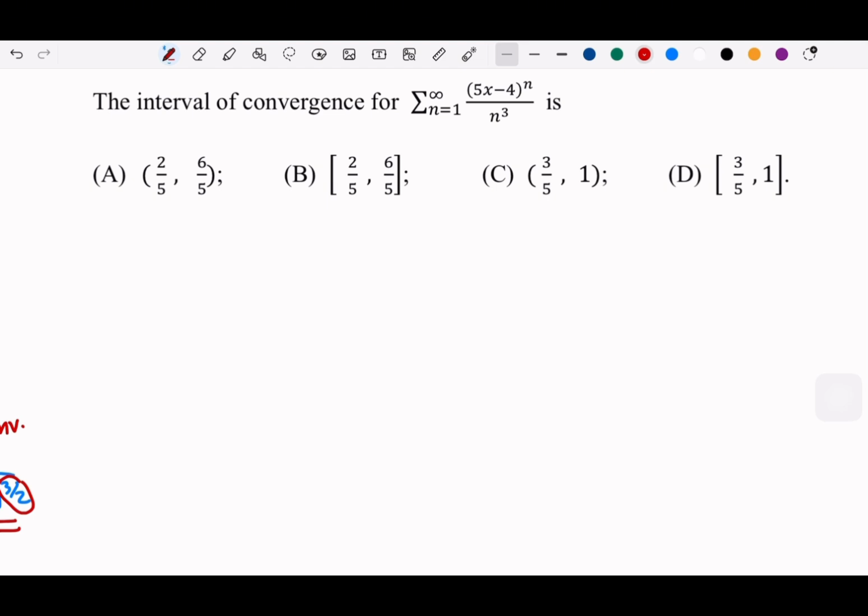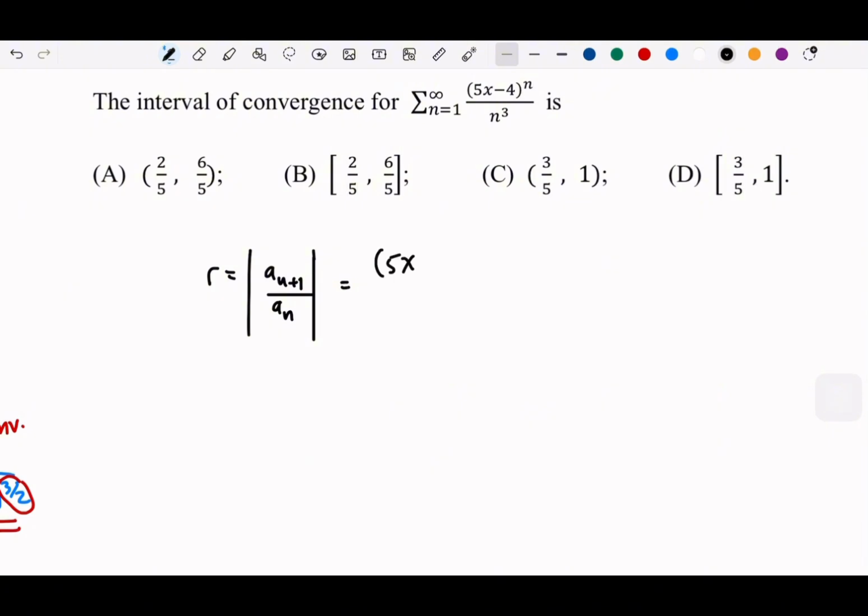Okay, so the thing is, for any interval of convergence, radius of convergence, the first thing is the ratio test. Do the ratio test. What is the ratio test? The ratio test is basically taking a comparison, the absolute value of your terms over your previous terms, right? And basically, we are going to exchange all the n with n+1.